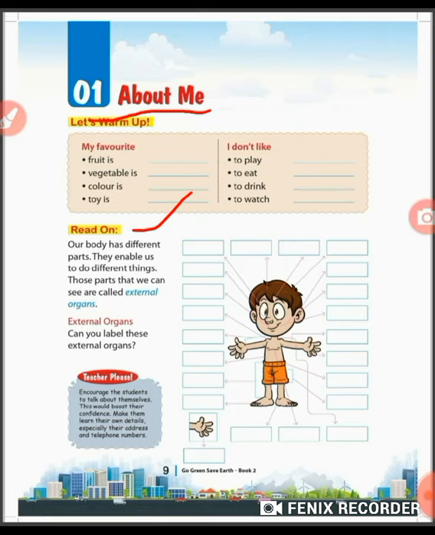Our body has different parts. They enable us to do different things. Those parts that we can see are called external organs.